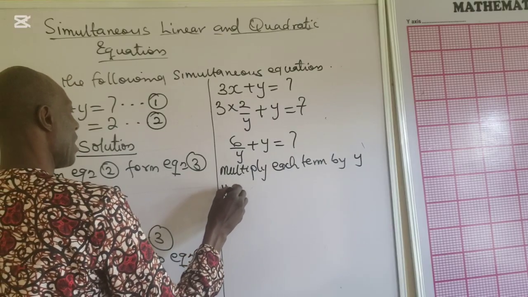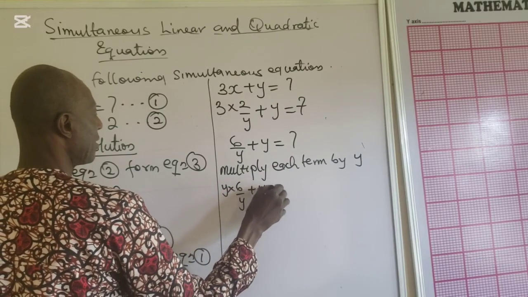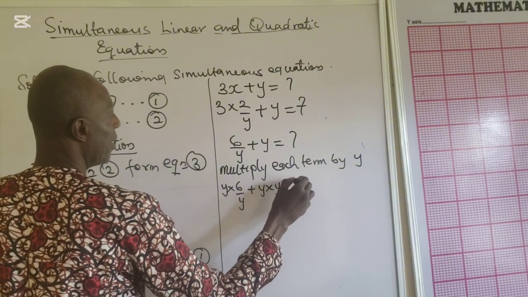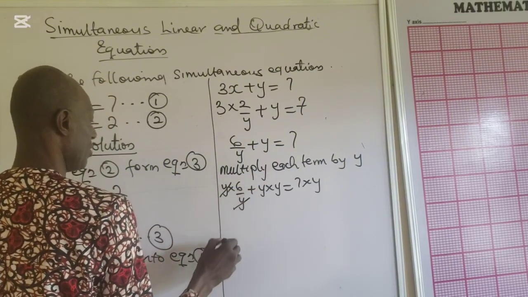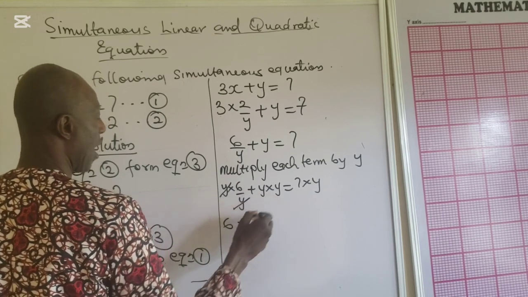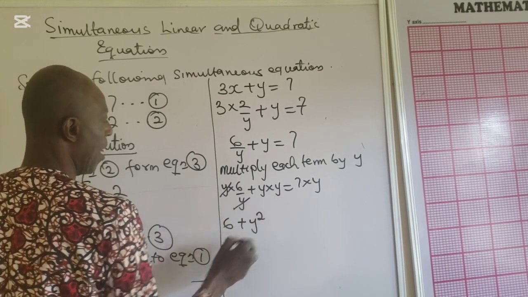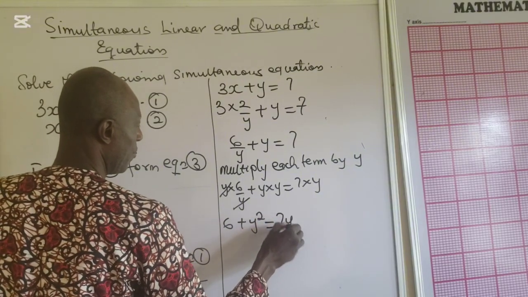So here is y times 6 over y plus y times y is equal to 7 times y. This will cancel this, so you are left with 6. Y times y gives us y raised to the power of 2. Here is equal to 7y.